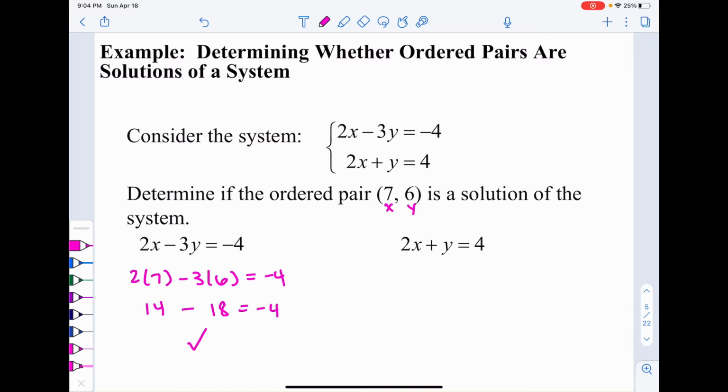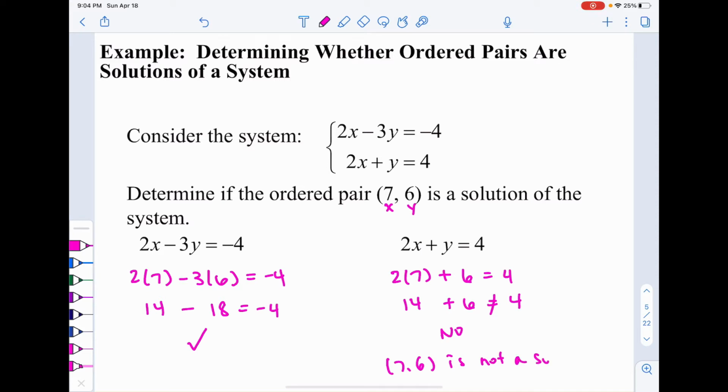Well, that works. What happens if I take 2 times 7 and I add 6? Is that equal to 4? 2 times 7 is 14. 14 plus 6, is that equal to 4? No. So (7, 6) is not a solution. Nice, easy Algebra 1 stuff, right?